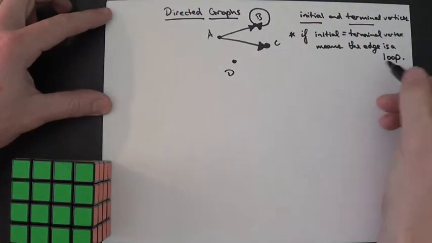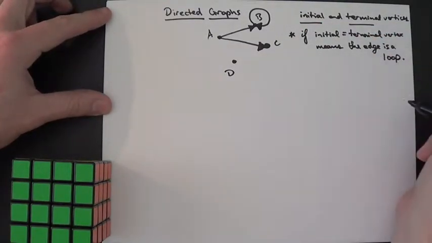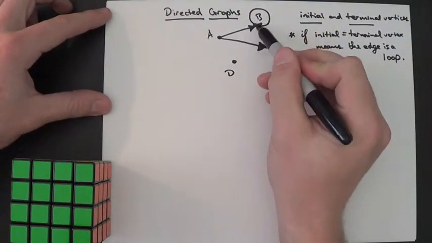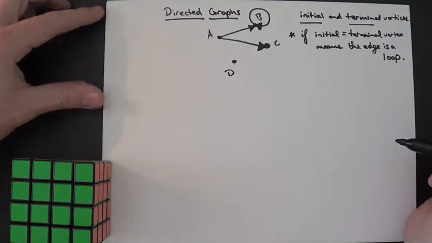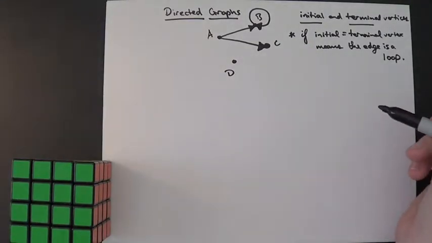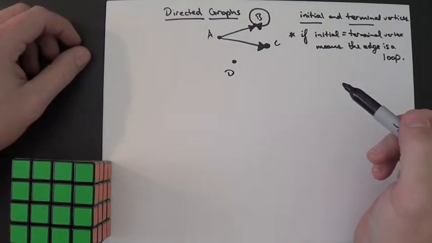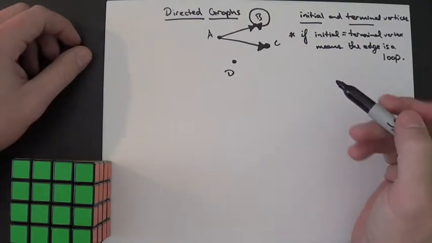So that could be helpful as well. If the initial and terminal vertices are the same, that means it begins and ends at the same vertex and is thus a loop. We're not talking about a path here, so we're not talking about it going through multiple vertices, just a single vertex right now.